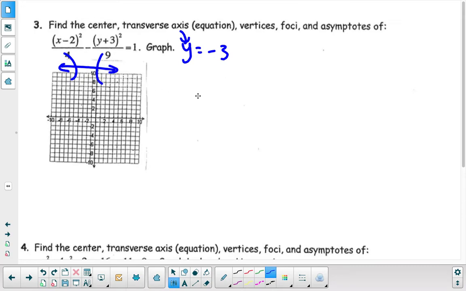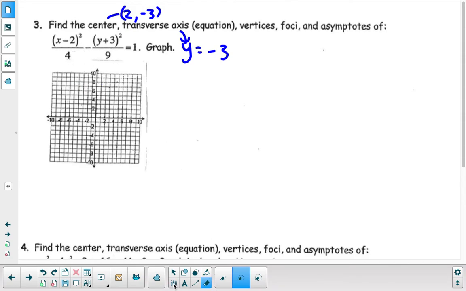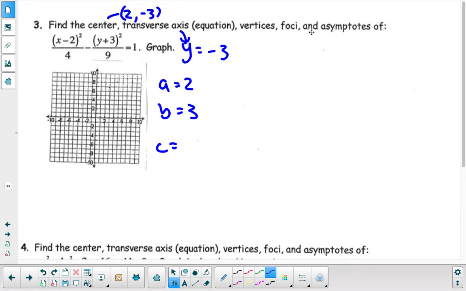But 2, -3 is our center. Our vertices, we'll get those in a second. Foci and asymptotes, we'll get all of that in a second. But let's start pulling this apart. A equals 2, B equals 3, C equals, it does ask for the foci, so we do need to actually have our C value.